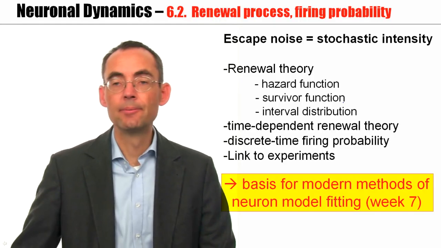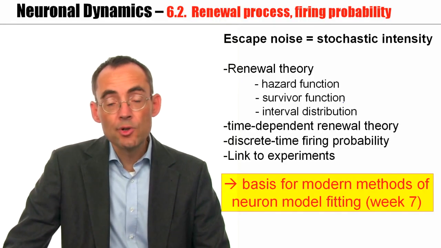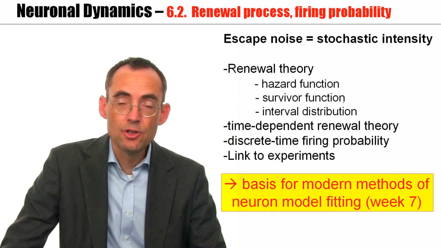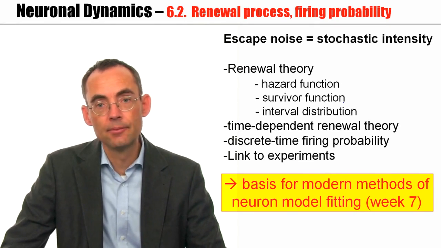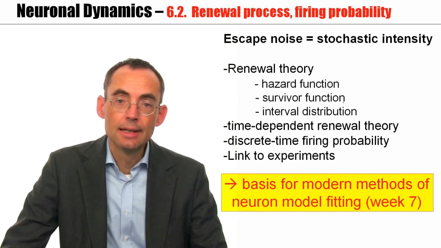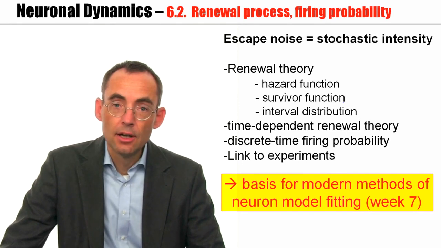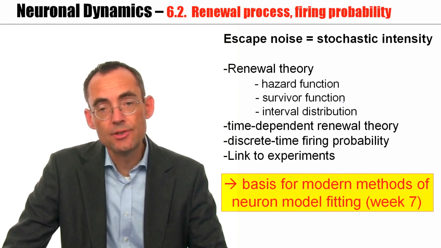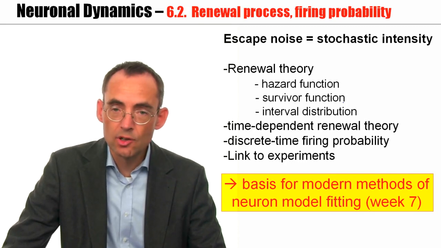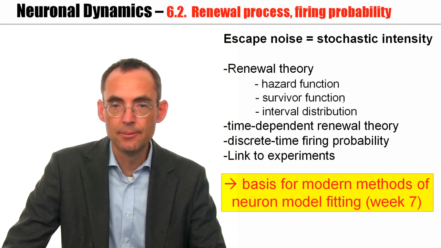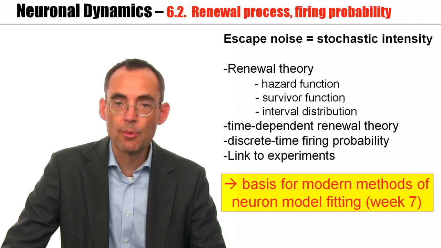So let me summarize. In the first lecture today, I have introduced the notion of stochastic processes, the notion of escape rates. We have seen that we can translate this continuous time escape rate into a discrete time firing probability, and we can match this firing probability to data.